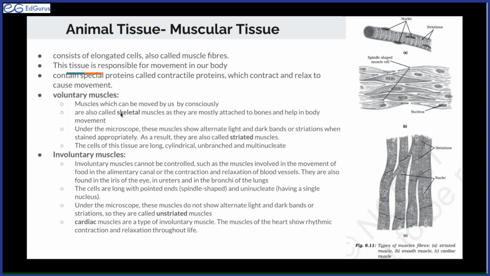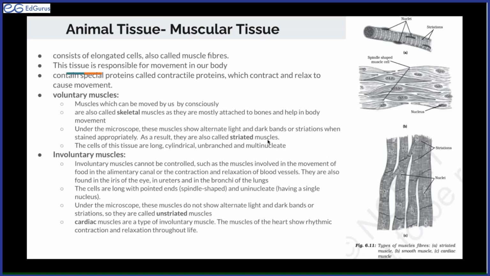Voluntary muscles are also called skeletal muscles, as they are mostly attached to the bones. Under the microscope, these muscles show alternate light and dark bands or striations, which is why they're called striated muscles. So voluntary muscles are also called skeletal muscles and striated muscles. And these cells look long, cylindrical, unbranched, and multinucleate.